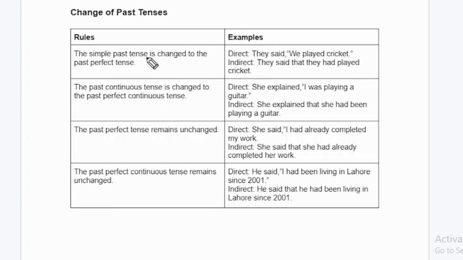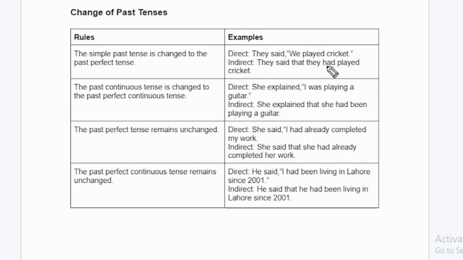The simple past tense is changed to the past perfect tense. That is a little bit different. Direct: they said, "We played cricket." Indirect: they said that they had played cricket.